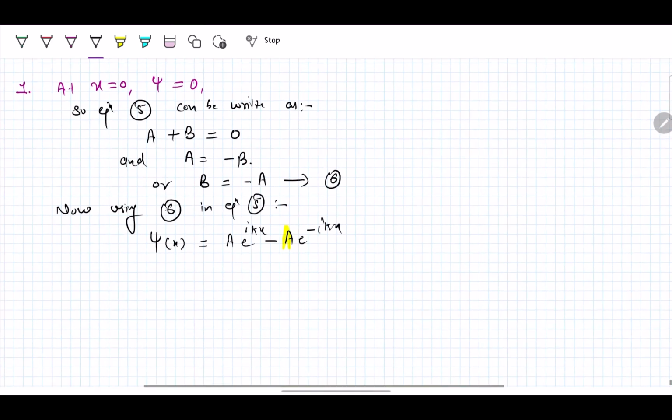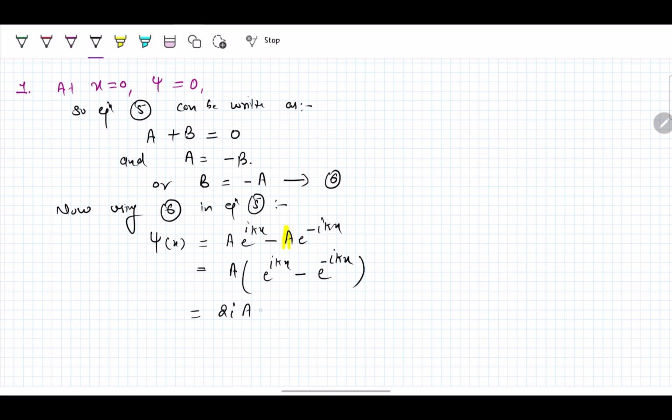And I'm taking a outside, so here exponential iota kx minus exponential minus iota kx. Also multiply and divide by 2 iota, so on the right hand side, exponential iota kx minus exponential minus iota kx, divided by 2 iota as well.